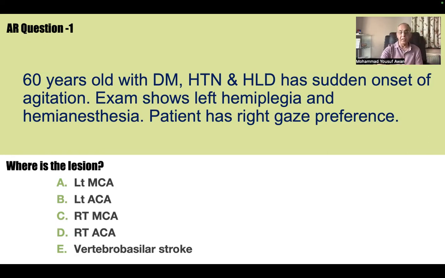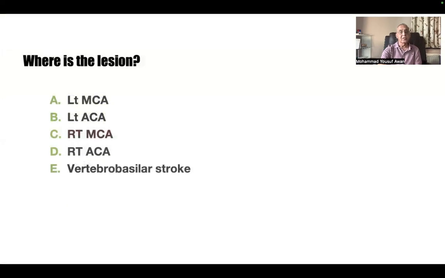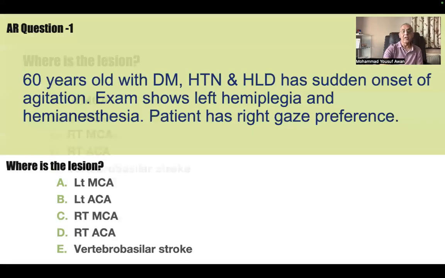So the lesion is on the right side, but which artery is affected? This is the right MCA. The right middle cerebral artery is affected, causing the left hemiplegia, hemianesthesia, and the right gaze preference.